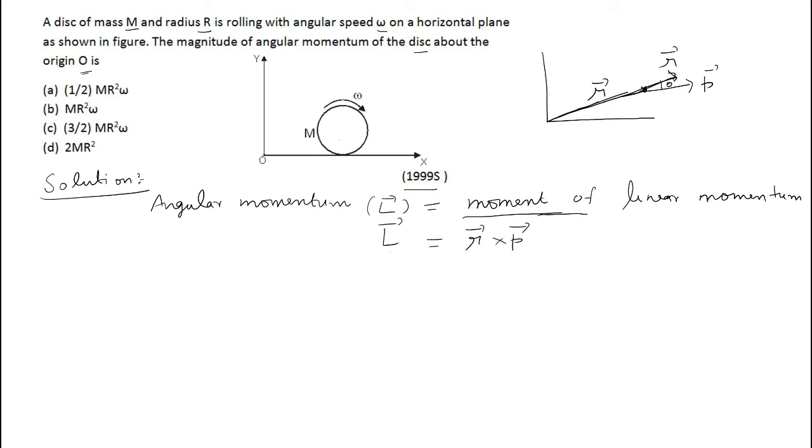This is theta. Call it X, call it Y. So R cross P, the direction is given by right-handed rule as you find the direction of a vector product. So R cross P will give you the angular momentum of this particle whose linear momentum is P.